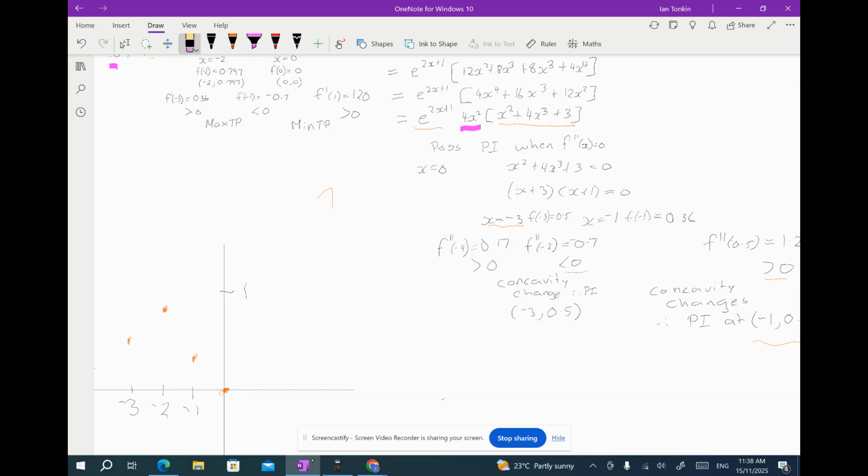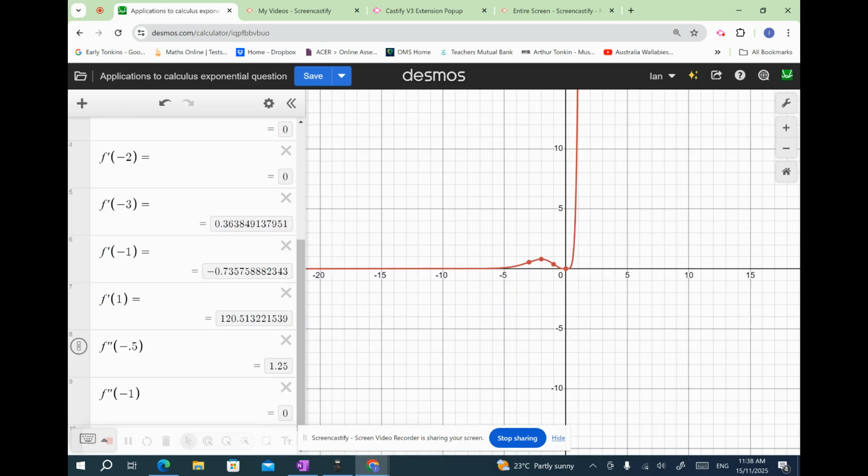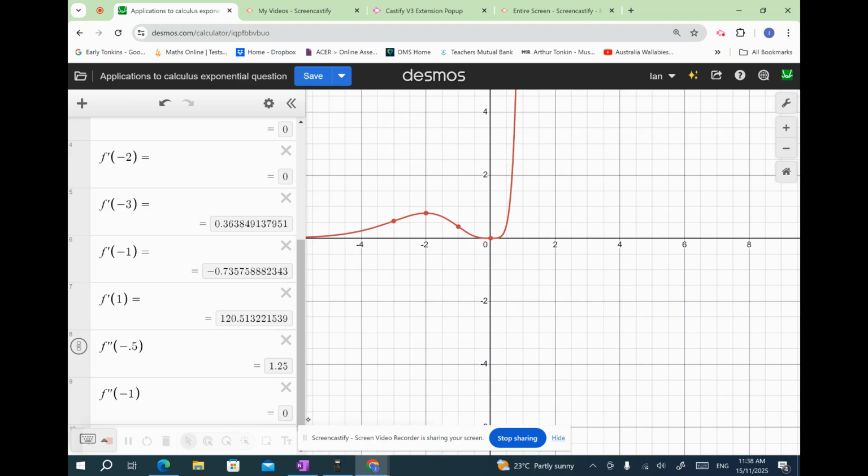Actually, I'll get rid of that because it actually goes, I'm not sure, but I think there might be an asymptote there. Let's have a look at what it looks like on Desmos, and you can see those critical points that I indicated. It's going to be clear, that one, that one, that one, and that one. And that's your turning points and your points of inflection.